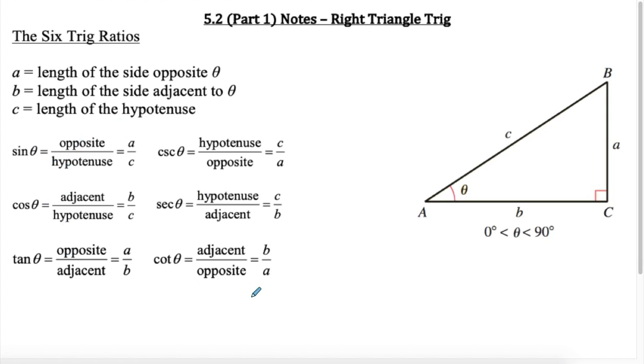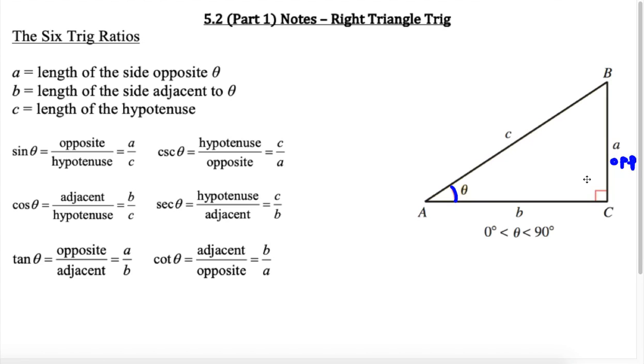Okay? And just to refresh your memory, sine is defined as the opposite side over the hypotenuse of an angle in a right triangle. So in this example here, for this right triangle, we're saying that with respect to theta, this side, side A, is the opposite side.